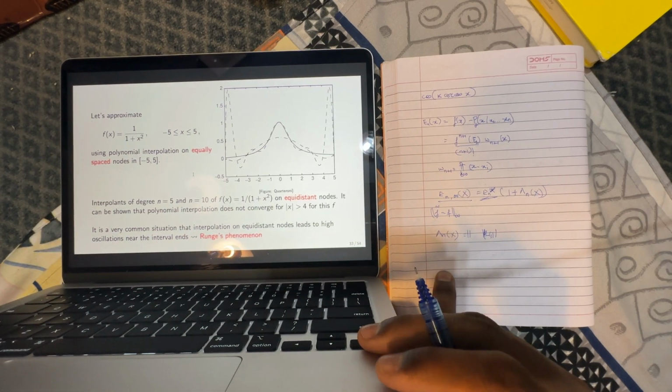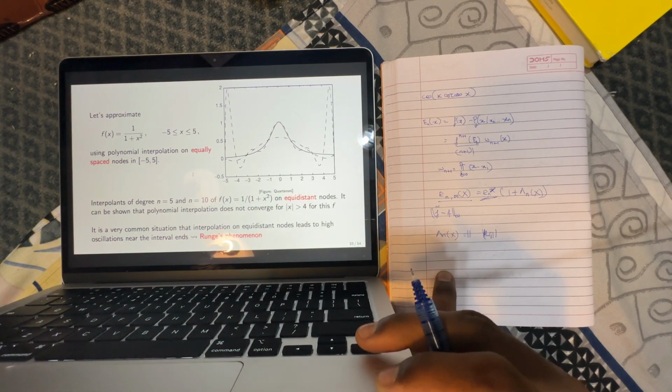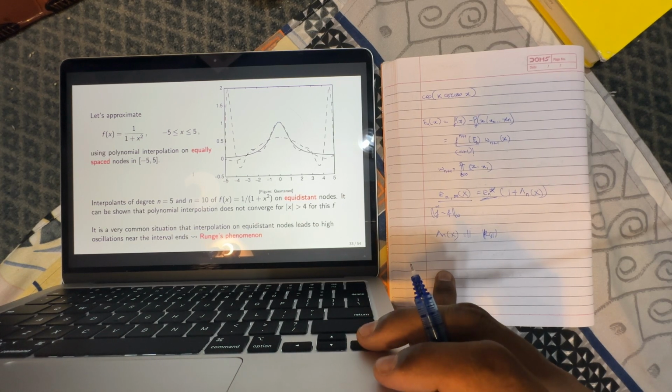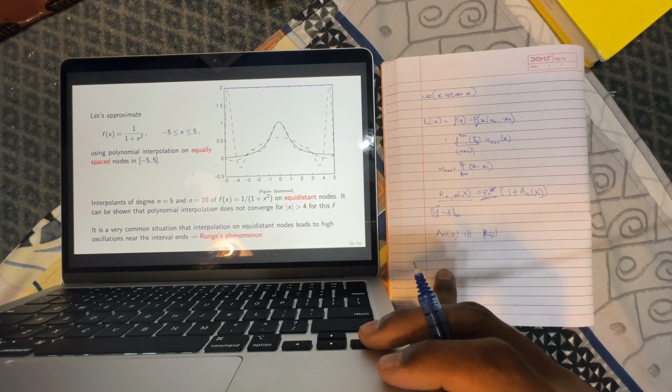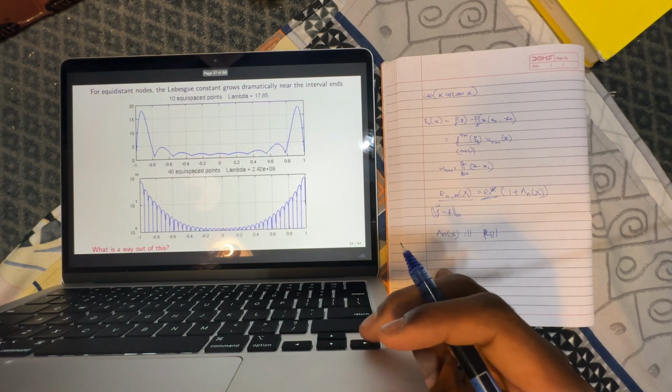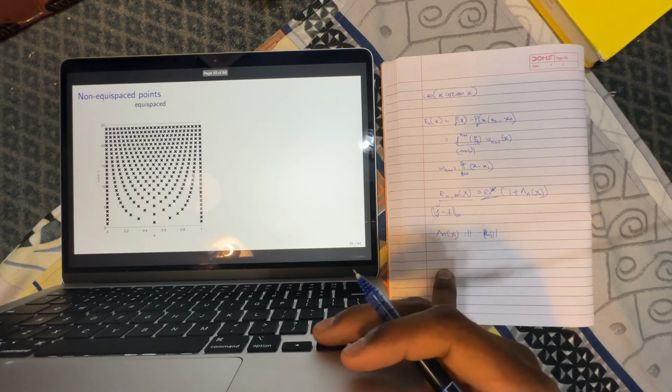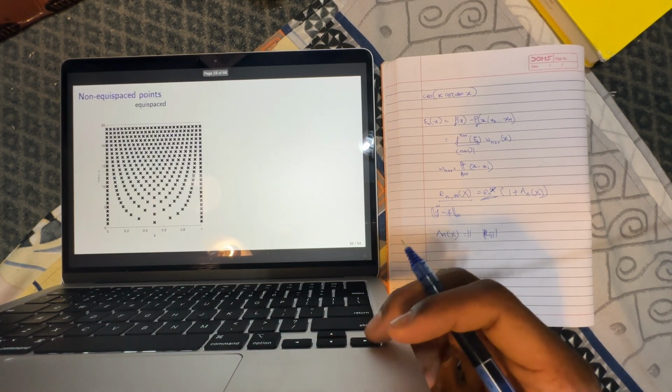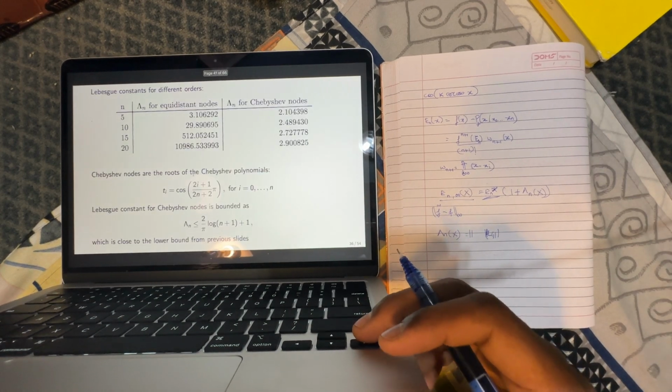Equally spaced nodes in -5 to 5, interpolants of degree 5 and n. Chebyshev.